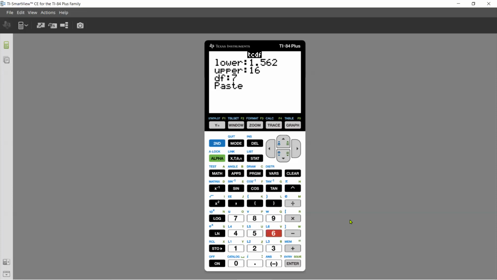Oops, my upper is infinity. Forgot that, got ahead of myself there. My upper is infinity. My degree of freedom is 16. Paste it. And if you have 2 times that, you get 0.1378 as my p-value for that.